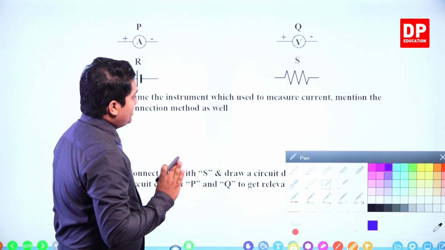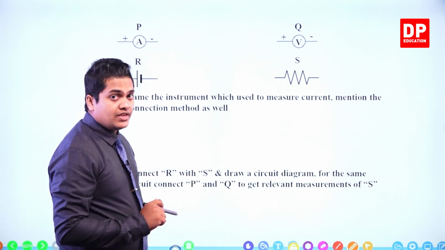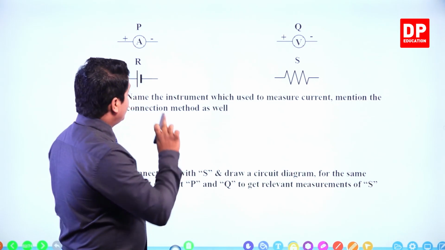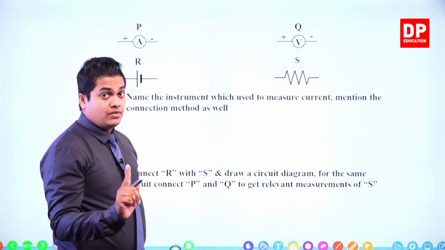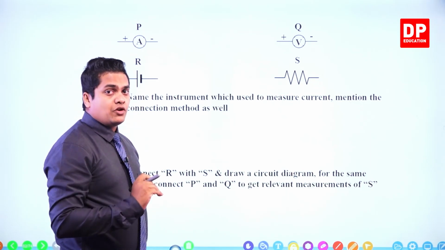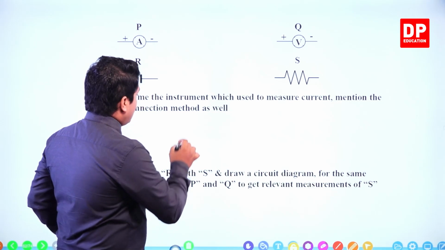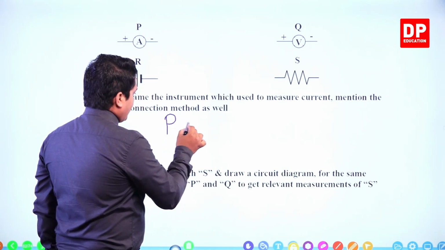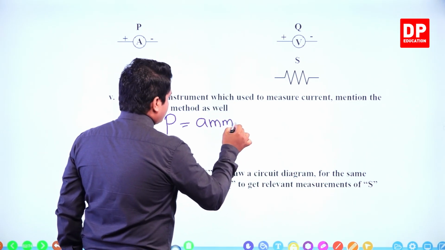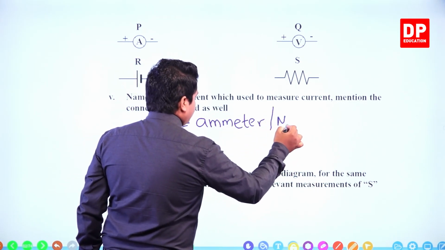The instrument which is used to measure current is called the ammeter. I told you, if you are asked to write down the answer and the symbols are given, mention the symbol or the letter first, then write down the actual name, okay? So here P is our answer, P, which is called the ammeter or the milliammeter.